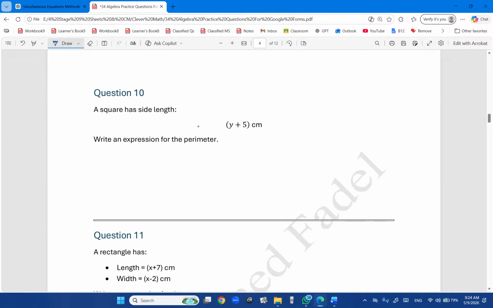A square has side length y plus 5. Write an expression for the perimeter. Well, I know that the square has 4 sides, and the 4 of them are equal. So just saying 4 multiplied by y plus 5, which is 4y plus 20. Some of you might have thought, oh, I have y plus 5, I'm going to write it 4 times and add them to each other.